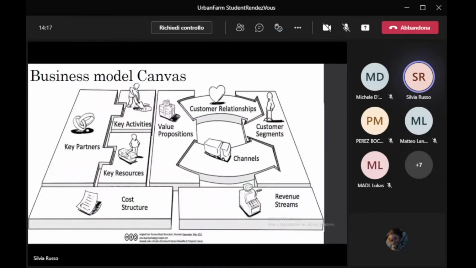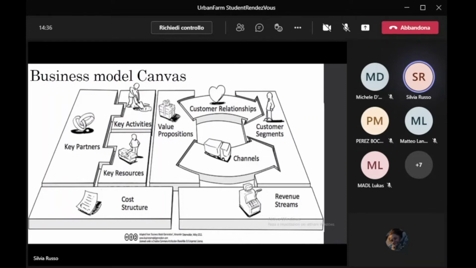In particular, the 9 building blocks are customer segments, value proposition, channels, customer relationships, revenue streams, key resources, key activities, key partners, and cost structure.